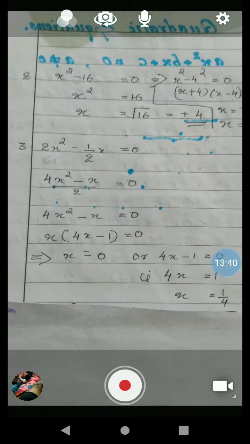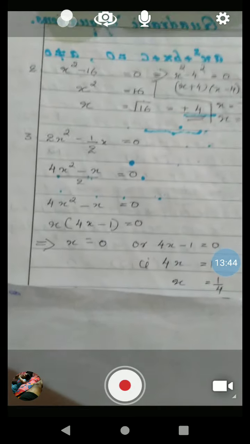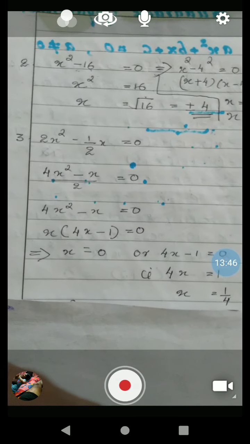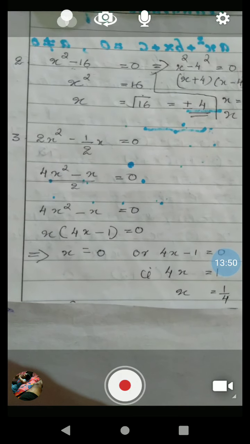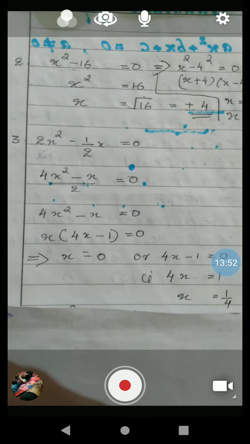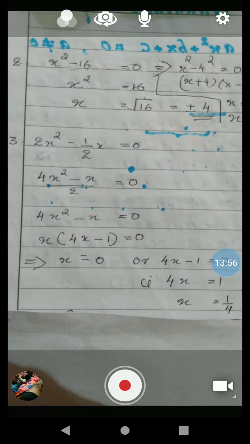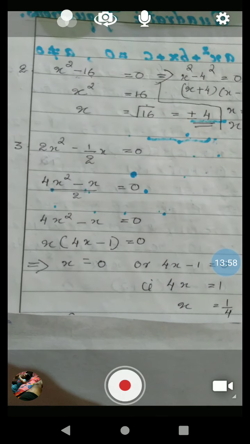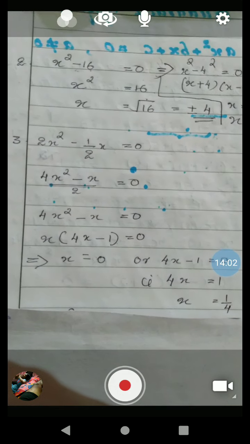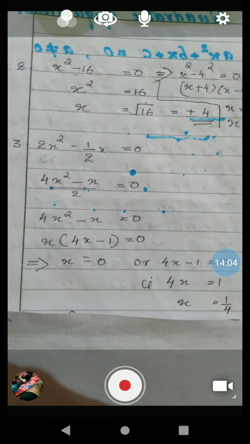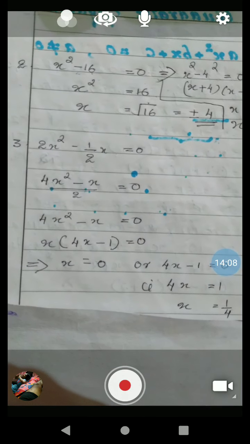Okay. So, in this class, we have learned about the standard form of a quadratic equation, the difference between quadratic equation and linear equation, and discriminant, what is discriminant, and solving quadratic equation using the factorization method.